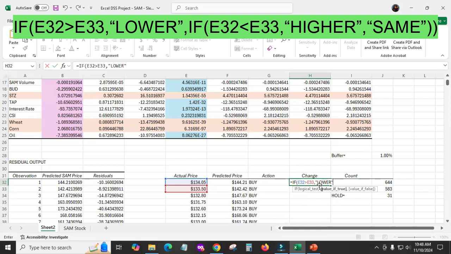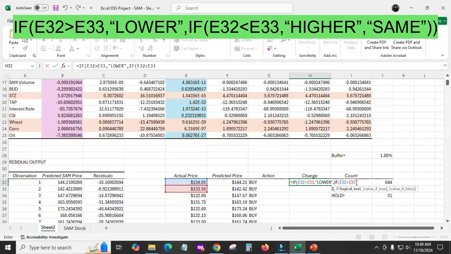Now, if that's not the case, we have to start our second if statement, the nested if. We're going to type a comma, and type IF again, parentheses: if E32 is less than E33. So if this number was 120 and this number here is 150, it is less than this number, which means the price of the stock went up.